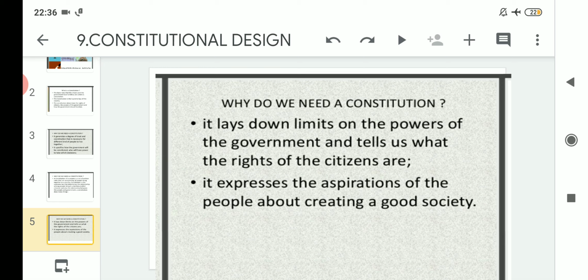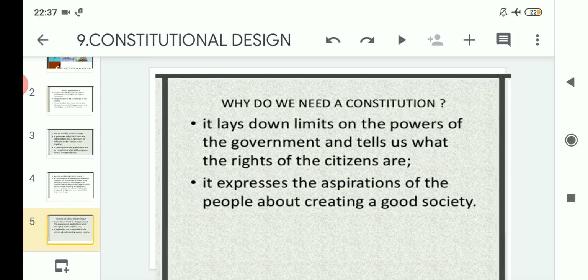After that, it lays down limits on the powers of the government and tells us what the rights of the citizens are. So it makes a balance between both of us, that means the government and the citizens. It tells the government firstly what their powers are and what is their area of powers which they cannot cross, and along with that it also assures us, the citizens, about certain rights which we can utilize as citizens of the country.